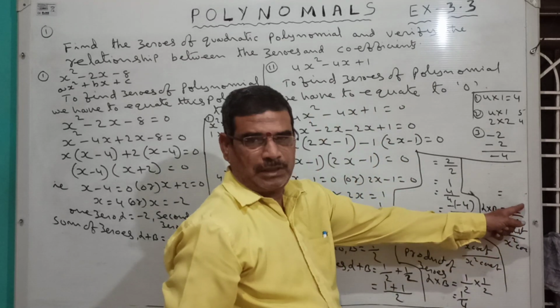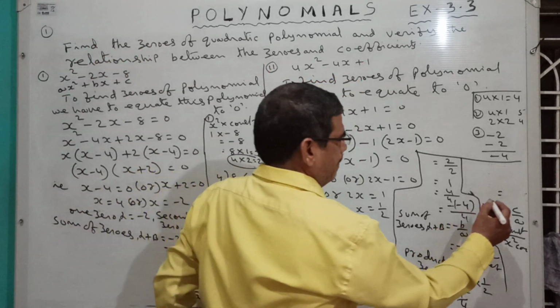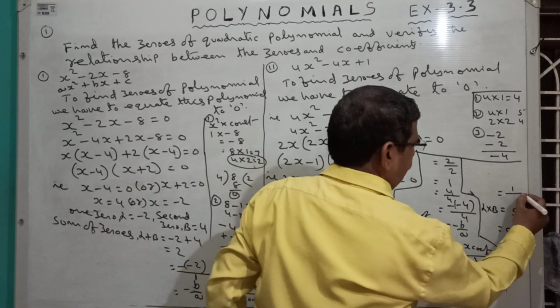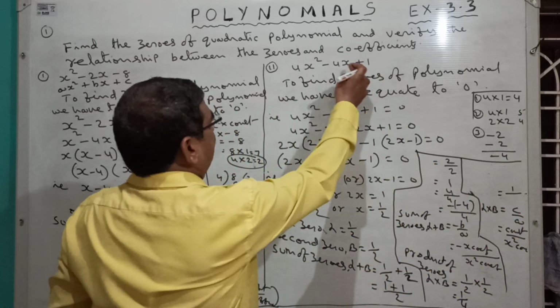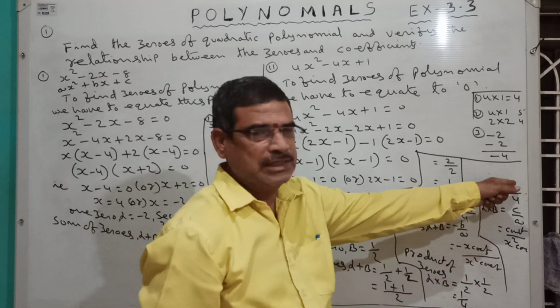Here c is the constant. What is the constant here? 1. By a, the value is 4. So here 1 by 4, here also 1 by 4.